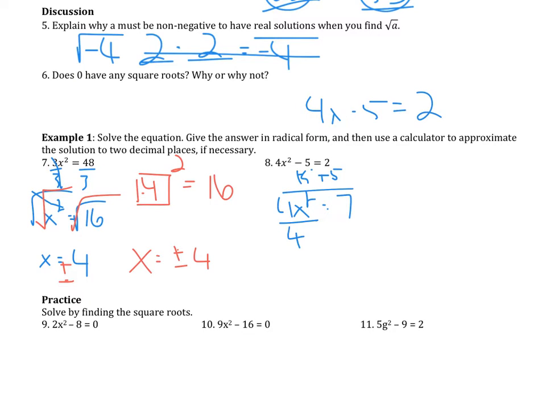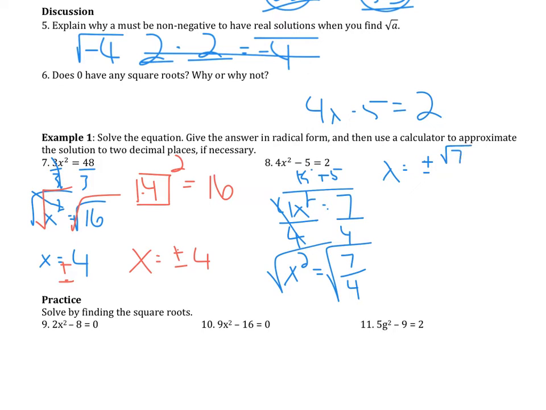Divide by 4. And we get x squared equals 7 over 4. Take the square root. And so then we get x equals plus or minus.